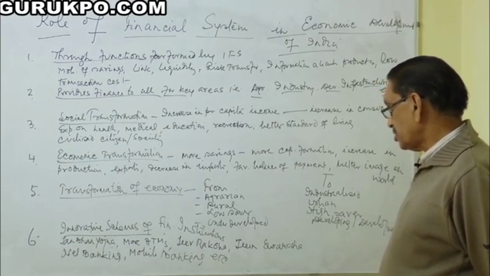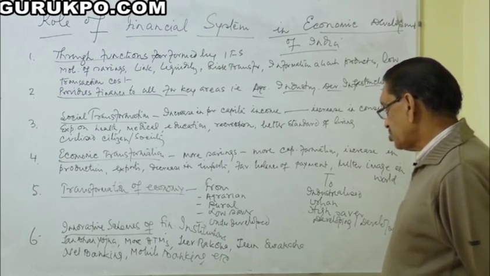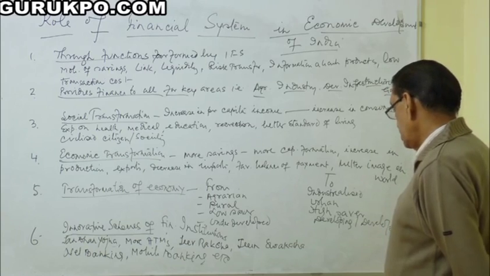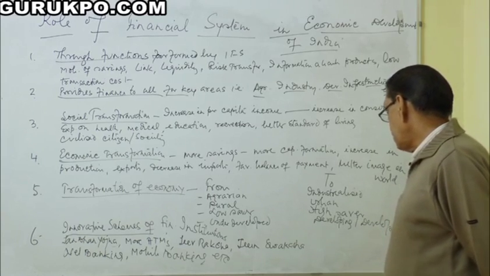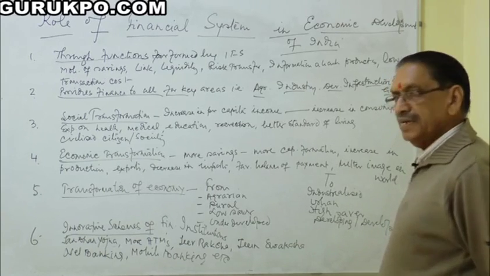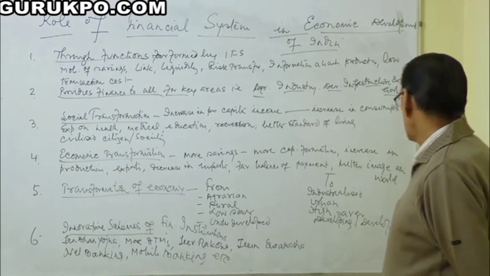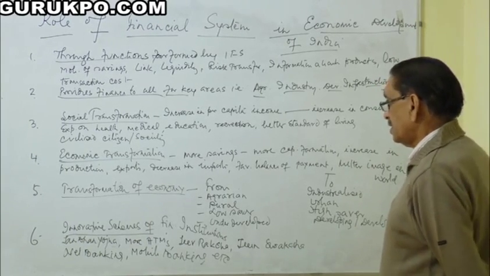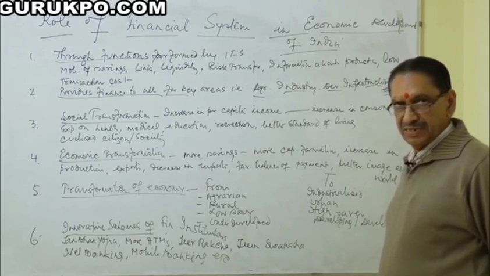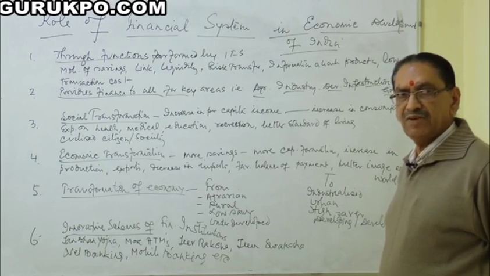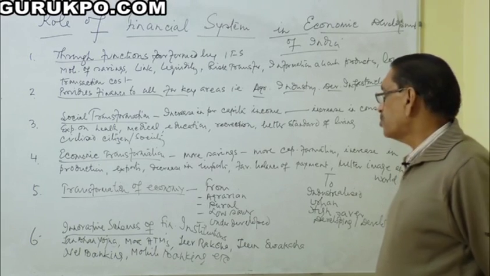This increase in production leads to increasing our exports, decreasing imports, and a favorable balance of payment, and this finally leads to a better image of our country in the world. And by and by, due to all this strong financial system, India's image in the entire world is constantly improving.